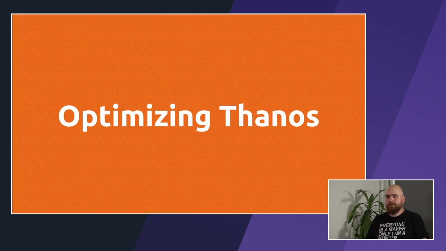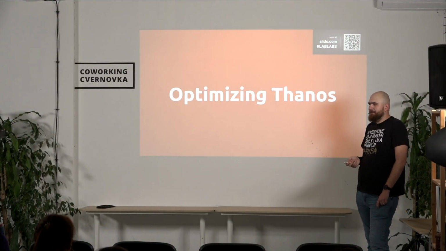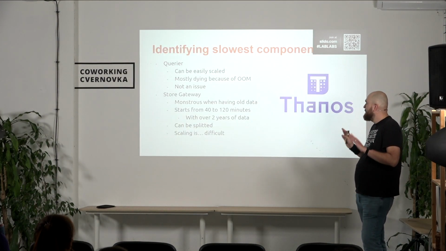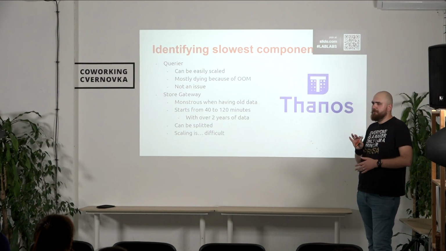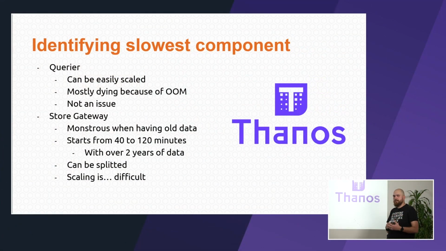Okay, let's start with optimizing Thanos or deploying Mimir. Let's start with optimizing. Optimizing consists of identifying the slowest part. We know that when we are querying the data, we are processing queries through Query and Store Gateway. Query can be easily scaled. It scales pretty fast, it mostly dies because of out of memory, and that's not an issue.